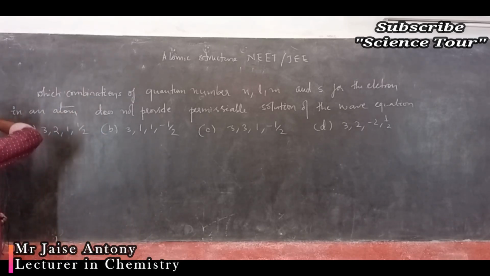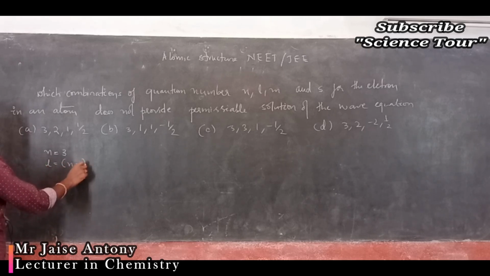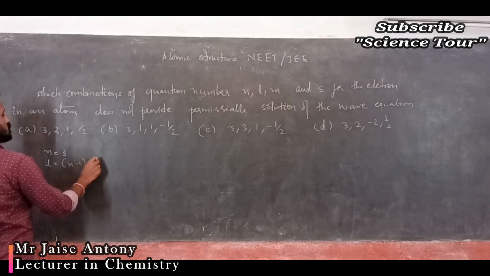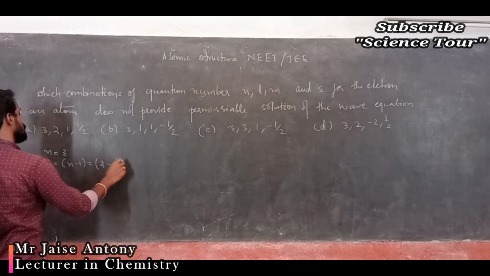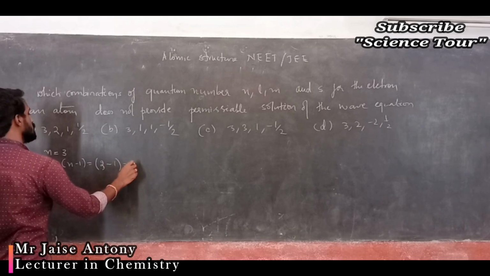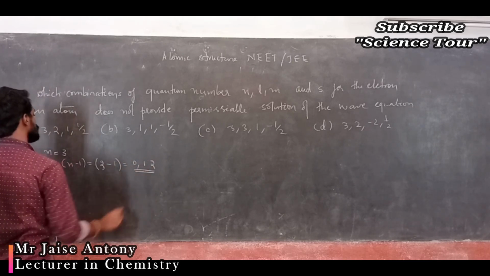If n value is equal to 3, l value should be n minus 1, 3 minus 1, which is 2. That means 0, 1, 2 is okay.